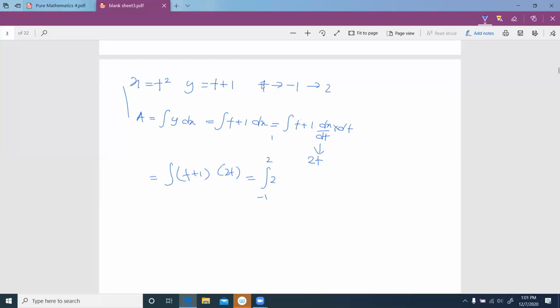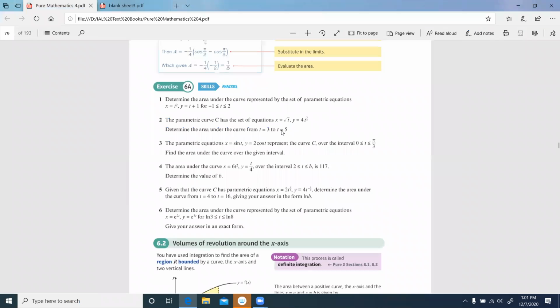So that is 2t squared plus 2t, that is 2 t cube over 3 plus 2 t squared over 2 from minus 1 to 2, and you can get this answer. That's a way of doing this question.